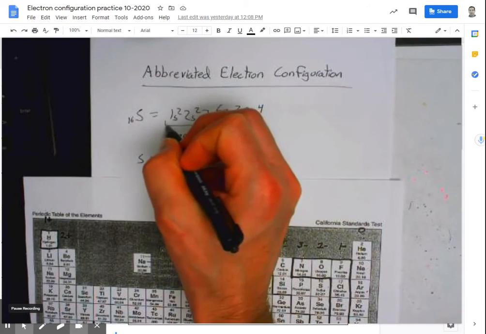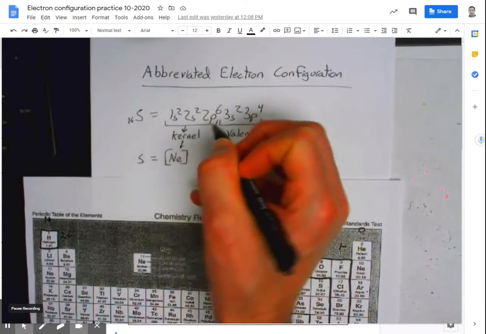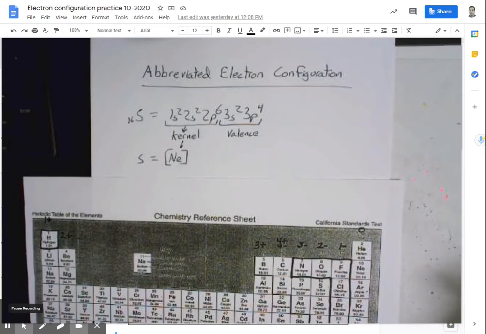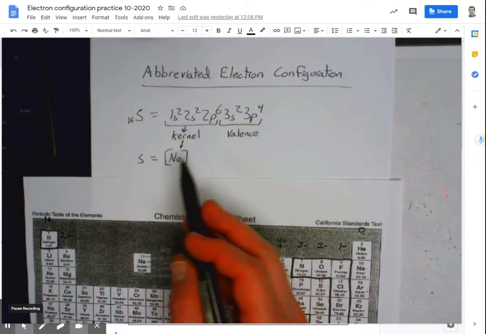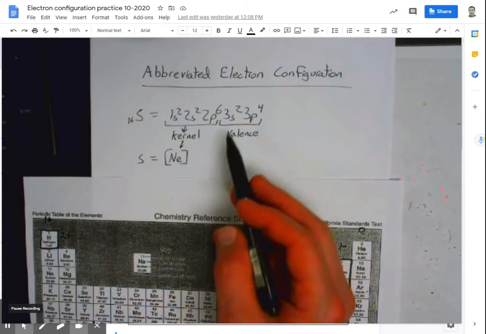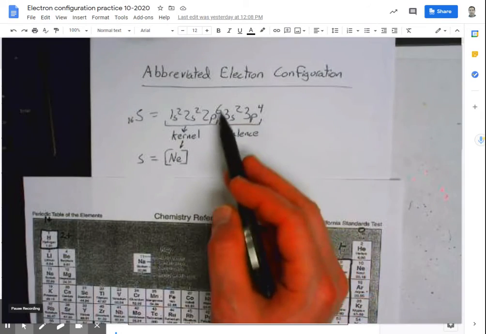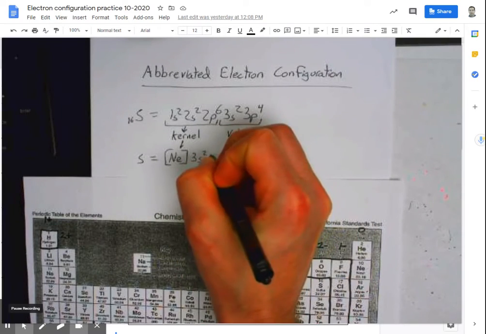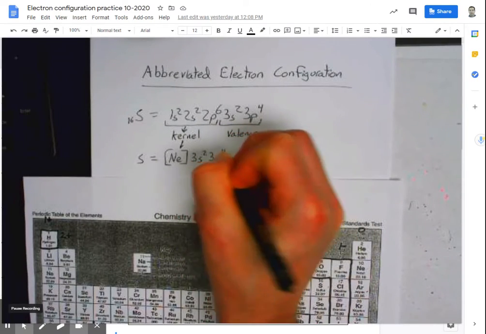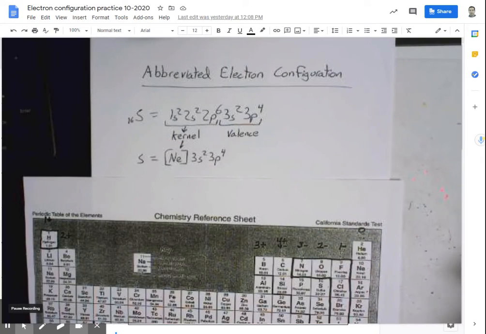In other words, all of this stuff all the way up to neon. And then I just write out the row that sulfur lives in on the periodic table because those are the valence electrons, the outermost electrons. So I can add to that 3s2, 3p4. And there's an abbreviated electron configuration for sulfur.